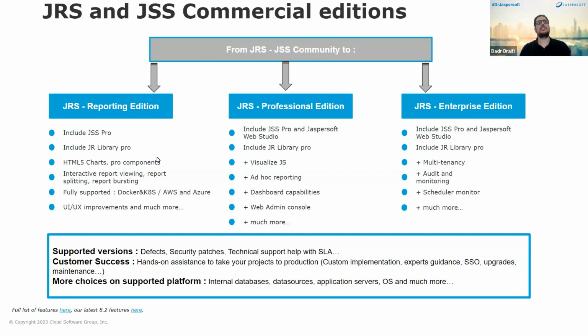One thing to note is that Jaspersoft Studio is included by default in all of the commercial editions. Whether you go to reporting, professional, or enterprise, you will have Jaspersoft Studio, which is also an advanced studio compared to the community one, with more components and more capabilities.